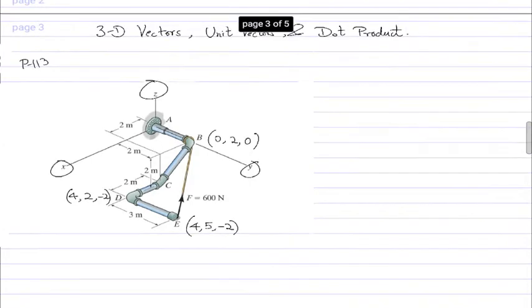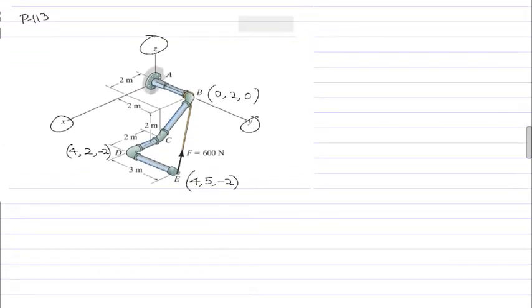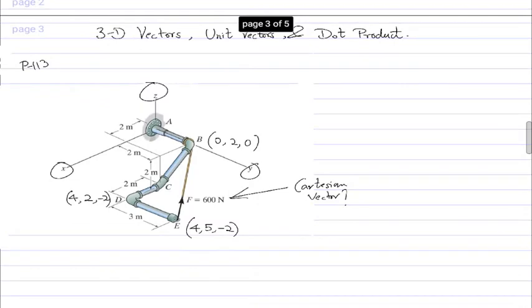So first, what we have to do is denote F as a Cartesian vector. To get F as a vector, we just multiply the magnitude of F, which is 600 newtons, by the unit vector along the direction where F is directed. So that's EB.